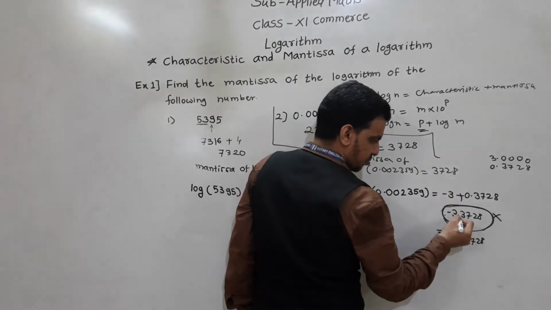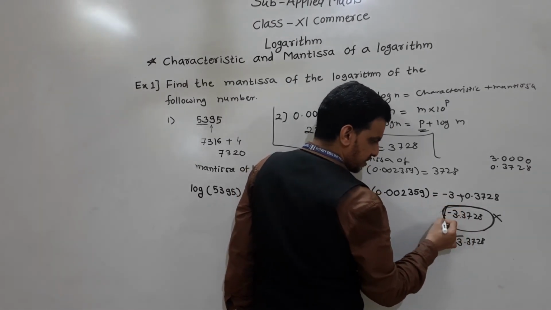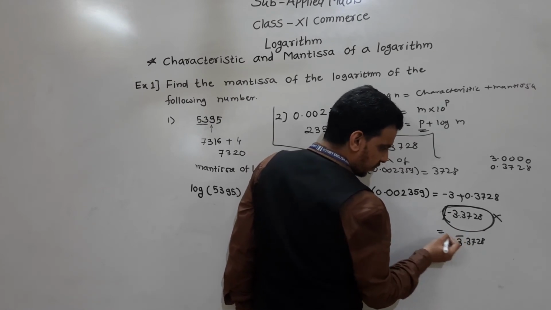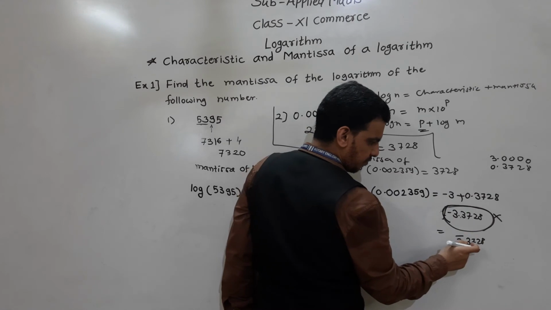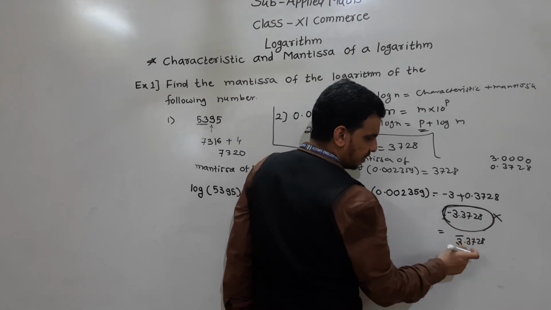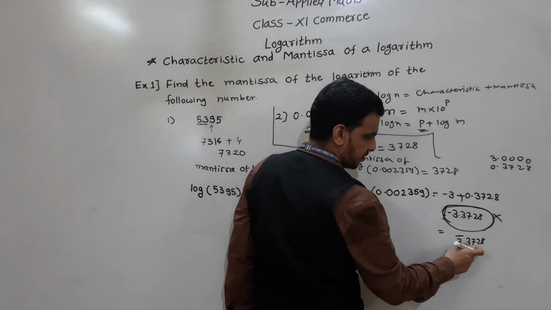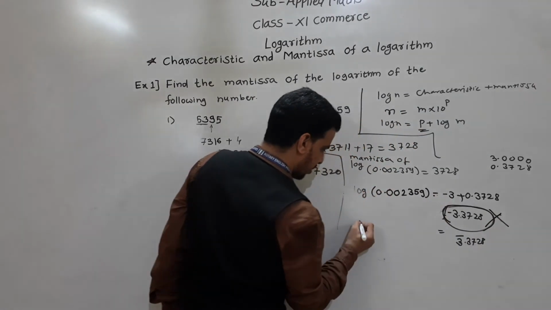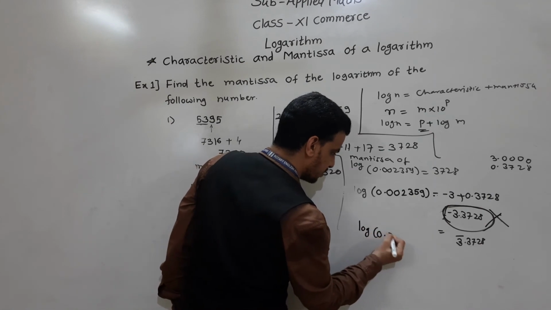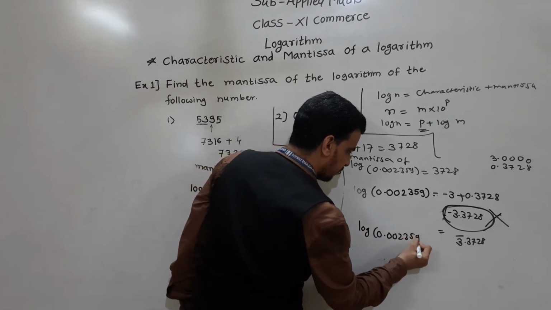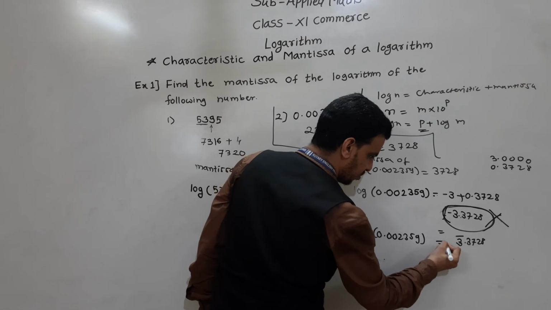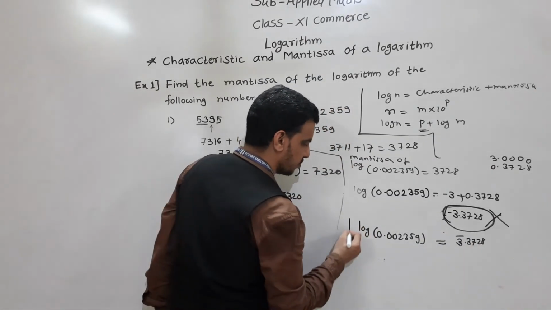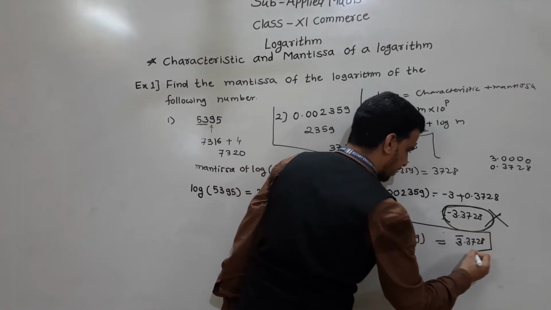So for presentation only we write 3 with a bar on it. The meaning of this is that the characteristic is minus 3 and the mantissa is 0.3728. So don't write this. When we write log of 0.002359, we have to write it like this, bar 3.3728. So keep this in mind.